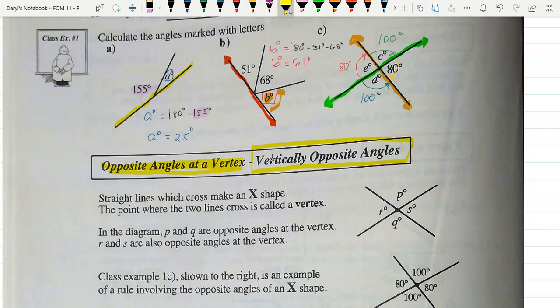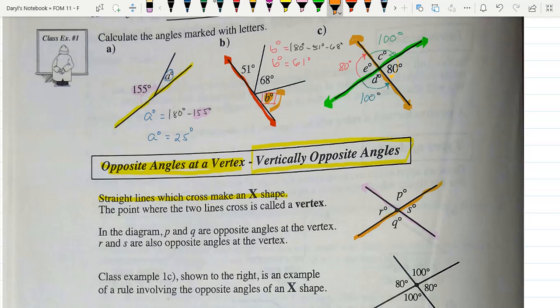So if you have two straight lines which cross in an X shape, in this particular case, you have one straight line, and then you have the other straight line.